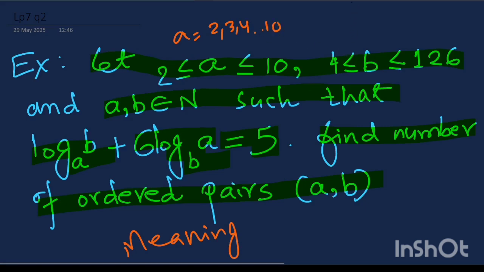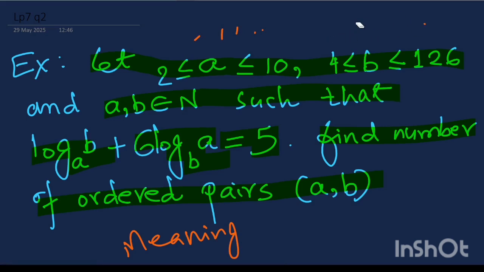In a similar way, if B is between 4 to 126 and B is also a natural number, it means B starts from 4, 5 till 126. These are the values A and B can attain. Okay.